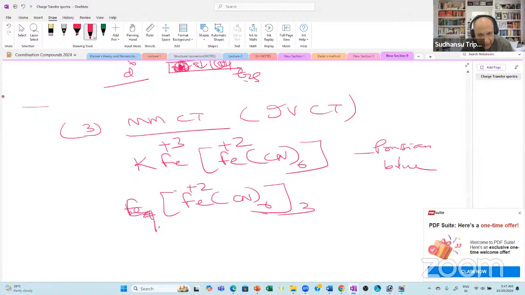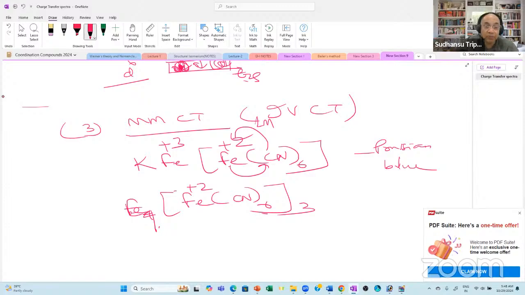That is neither d-d nor LMCT nor MLCT. LMCT is ligand to metal ion inside the coordination sphere, and MLCT is from metal to ligand. Both are occurring in cyanide complex, but it has already been found out experimentally that they fall in the UV region.